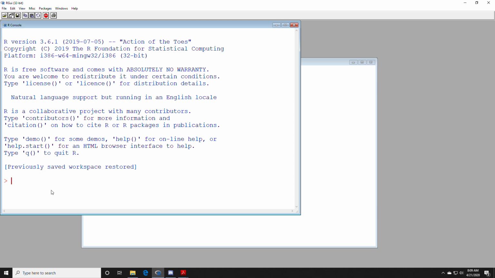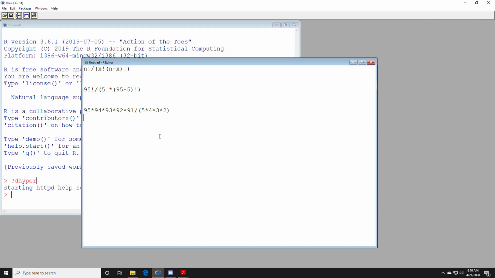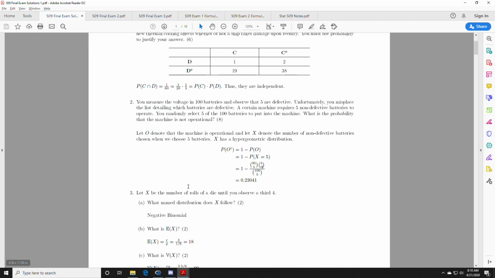There are lots of different arguments, so you can type question mark dhyper in R. However, you need to make sure you put each argument in the right place and you understand what each argument is. So that's also an alternate way to do it. You just have to look up the arguments and make sure you put them in the right place. Either way should lead to the same answer.